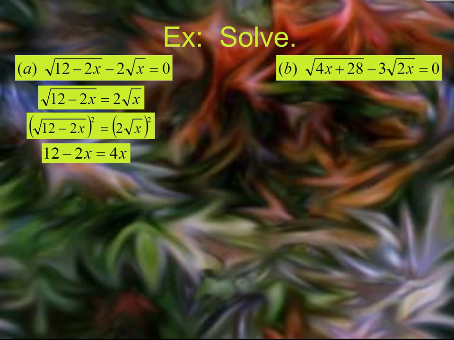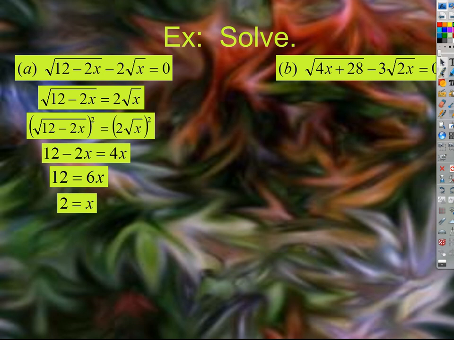Now it's easy. Right now solving, it's a piece of cake. What do I do? Combine like terms, add 2x to both sides, divide by 6, and I get an answer. And then I have to go back to above which step? Above the third. So I have to look only up there, right? When I check this. So I could plug the 2 in. Let's just say we plug it in right there.